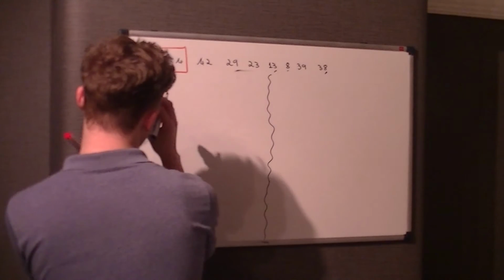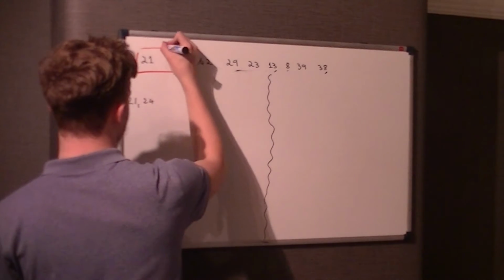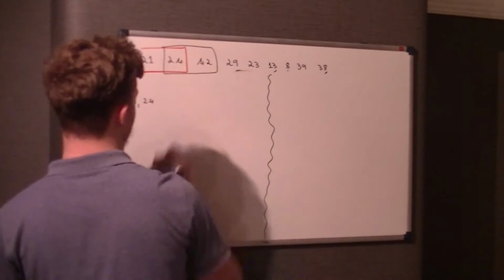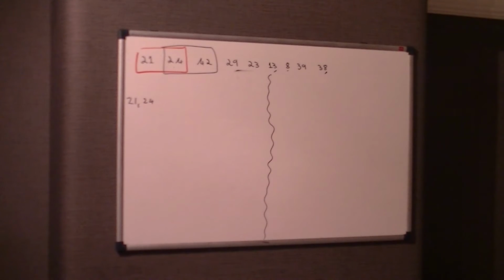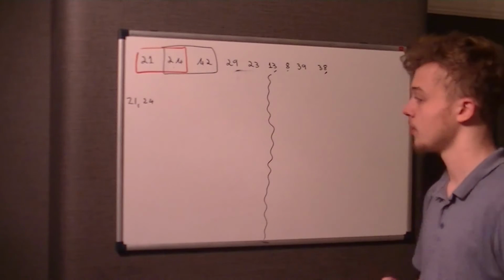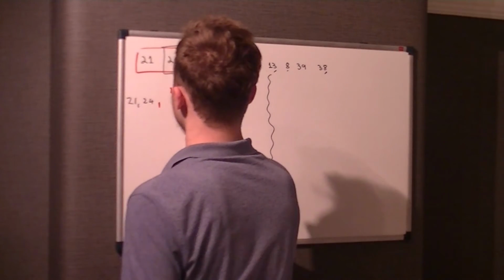Now we've organised the first two numbers, 21 and 24. Now we're going to look at 24 and 42. Do they need rearranging? Just make sure I am doing it in ascending order here. Obviously they don't need rearranging, so we write 42 up.